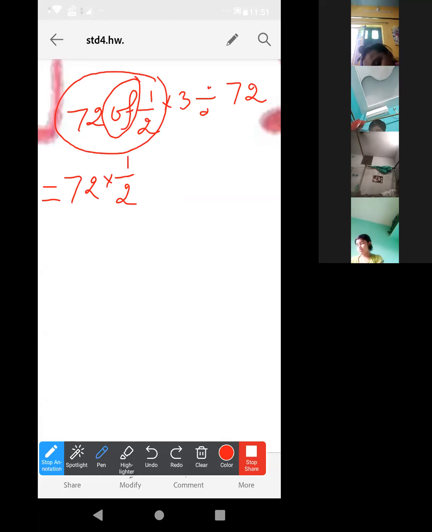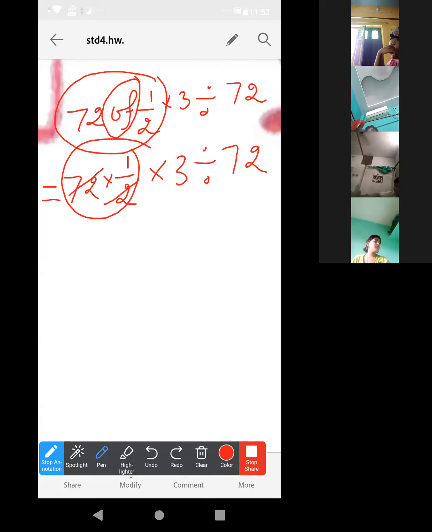The other thing will remain as it is. First do the calculation of this one. 72 by 2, if we do cut cancellation, it will be 36.